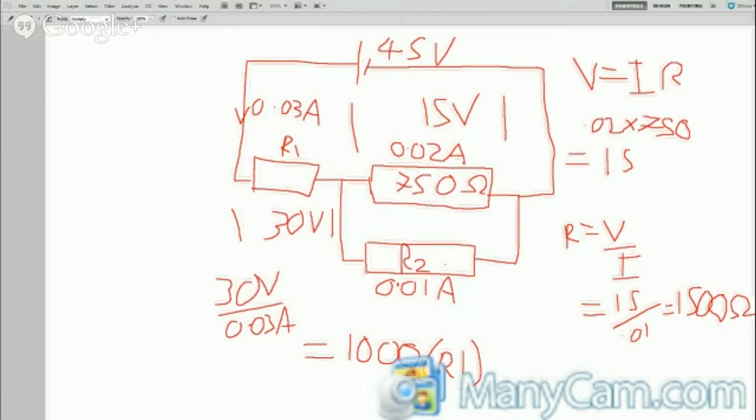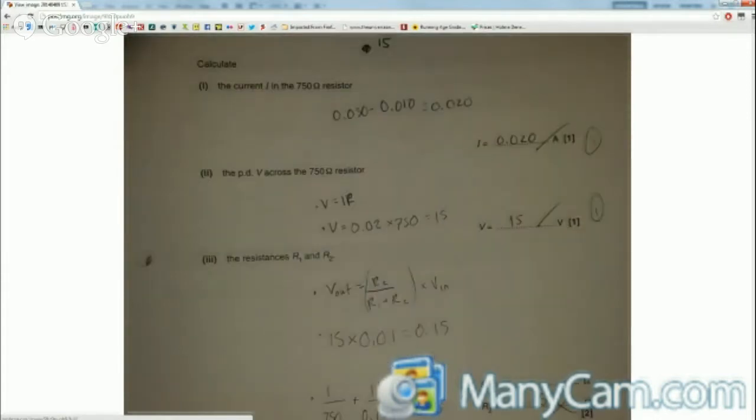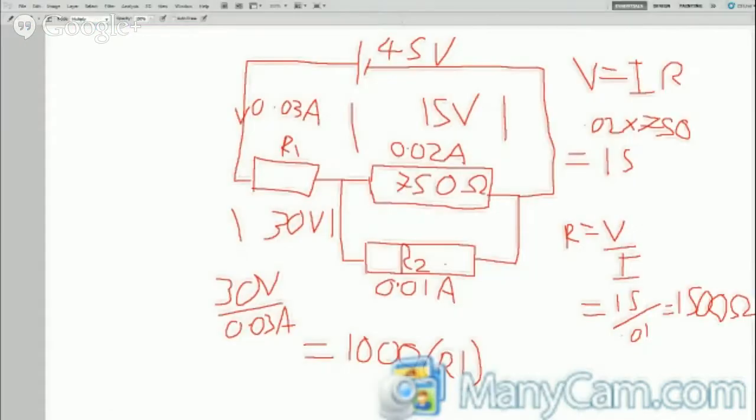Okay, so you've got to the point where you've identified that the current through the 750 ohm resistor by Kirchhoff's law is 0.02 amps. We also know the potential difference across it by Ohm's law gave us 15 volts. Now, when we've got sets of components in parallel, each branch has the same voltage.